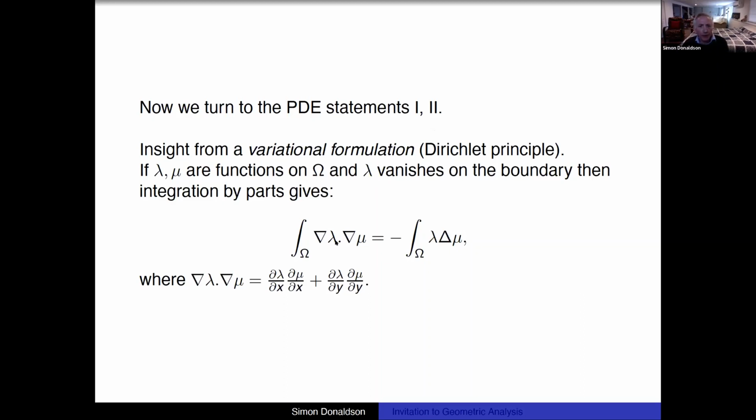We take the inner product of the derivatives of lambda and mu, given by this formula here, integrate that over omega, and then that can be expressed as the integral of lambda times the Laplacian of mu, well, with a minus sign. If we took arbitrary functions lambda and mu, we would get an extra term involving integral over the boundary, but the condition that lambda vanishes on the boundary means that is absent.